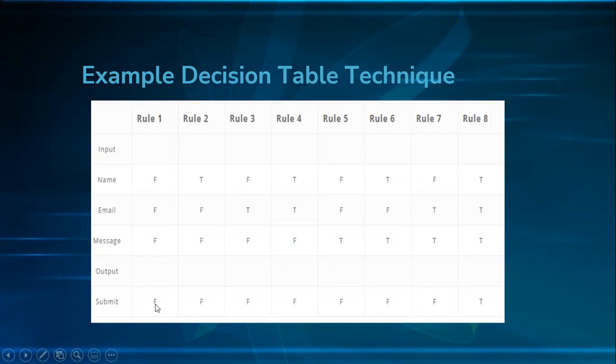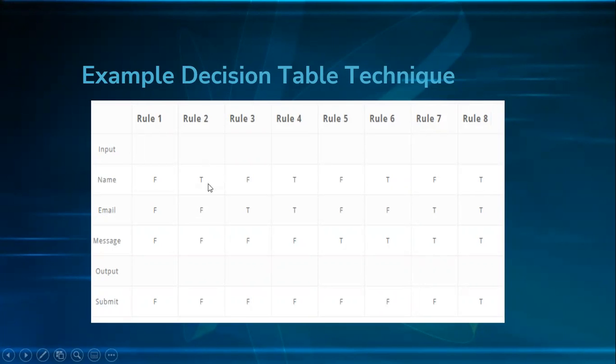It shouldn't. Now take another name. That's another combination. I've put the correct name, but I put a false email. I didn't put any message, which shows that these two mandatory fields were not filled.